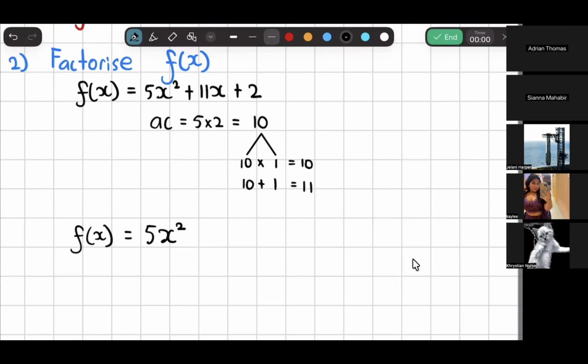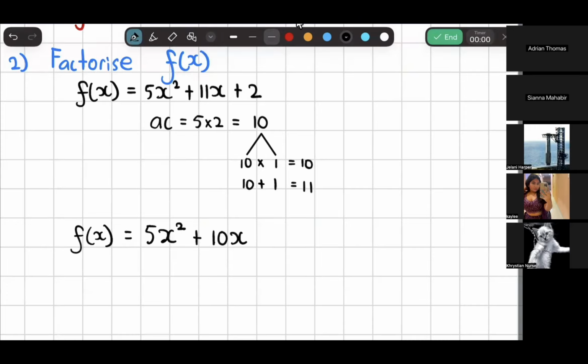Look at the previous examples and you will figure it out. Yeah, so now we're doing 5x squared plus 10x. Say that again. Plus 10x. You want to put plus 10x? Yes, so plus 10x. Yeah, you're forgetting something.